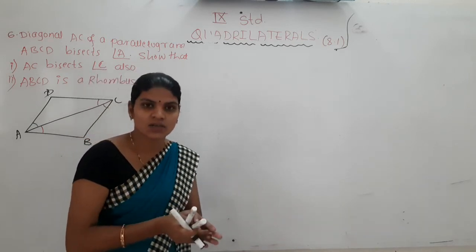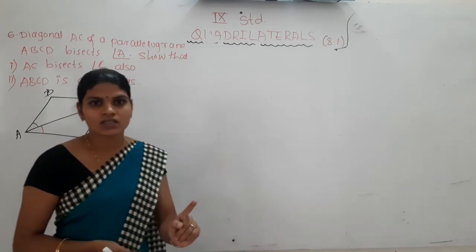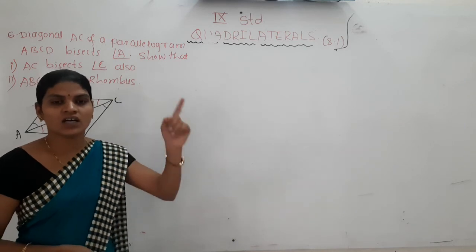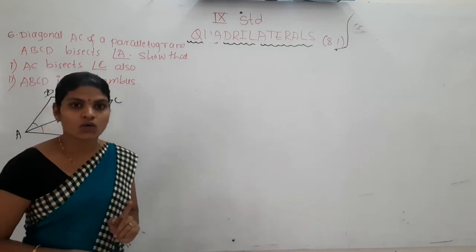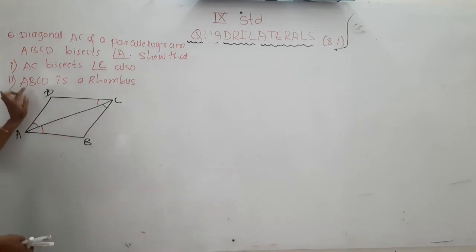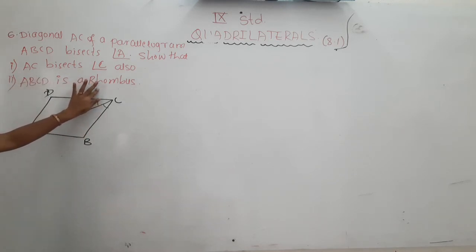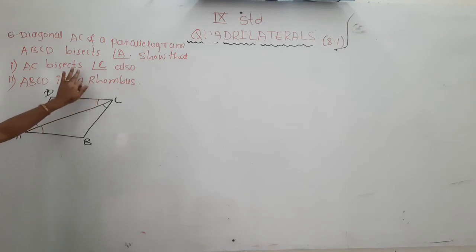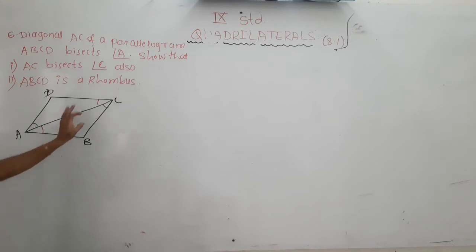What is the condition for a parallelogram to become a rhombus? In a rhombus all four sides are equal. If we show the four sides are equal, the parallelogram becomes a rhombus. Then the other condition: AC bisects angle A, so AC also bisects angle C, which we will prove.